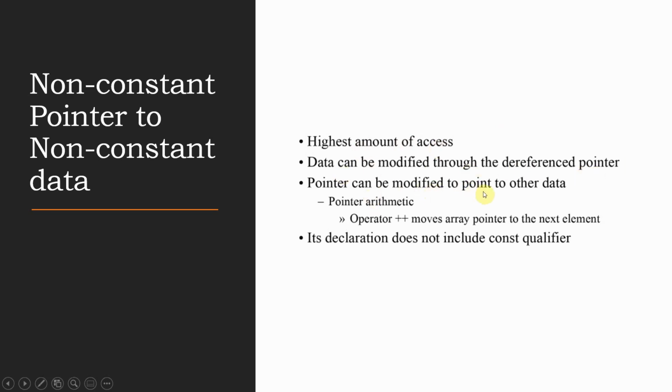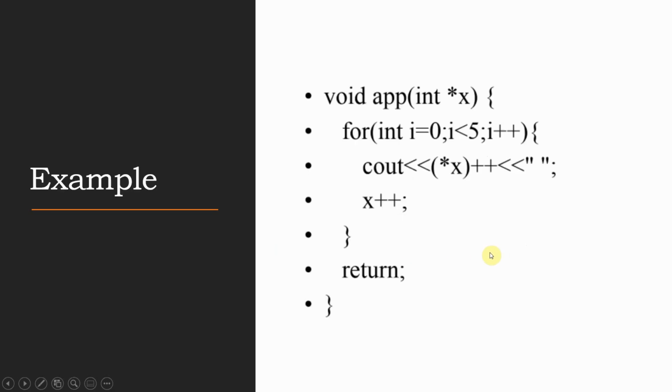The pointer can be modified to point to other data by incrementing the pointer, and it will increment the address of the variable which it is pointing to. Its declaration does not include the const qualifier. For example, in this example, you see that nowhere am I using the const qualifier because nothing is bounded.